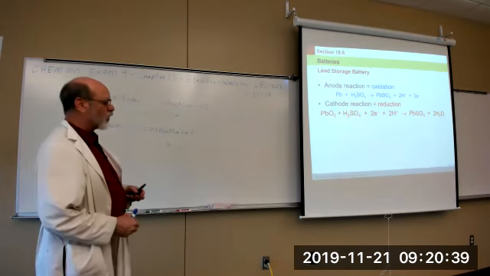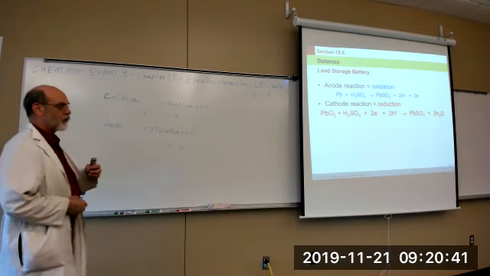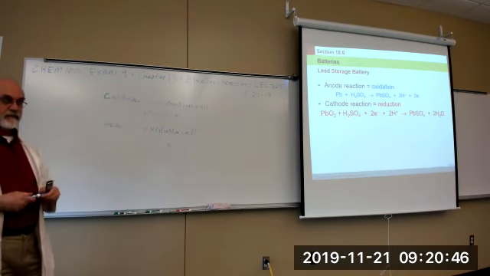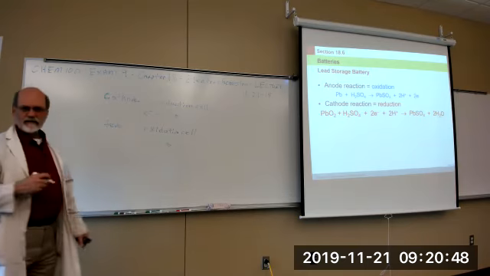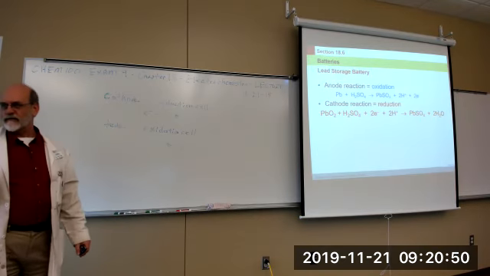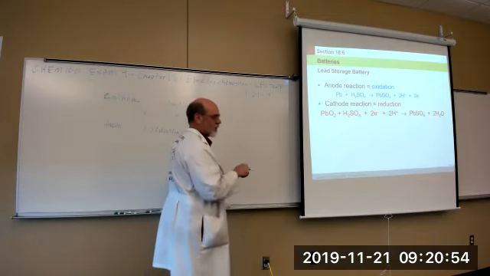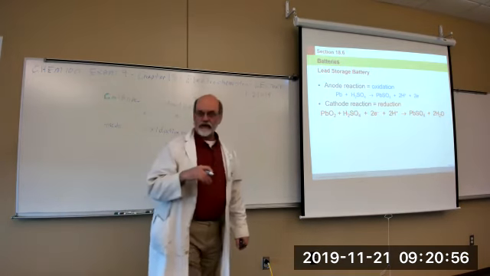And you can measure a voltage for each one of these cells, and each one of the cells is 2 volts. So does anybody, I've asked this before, no physics majors in here? Okay. It's characteristic of circuits.